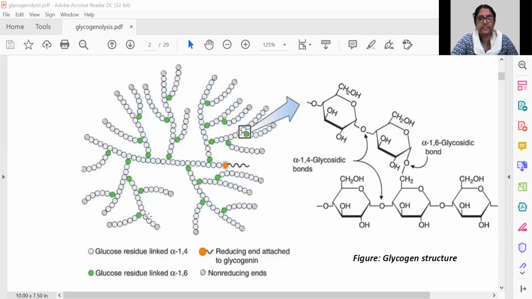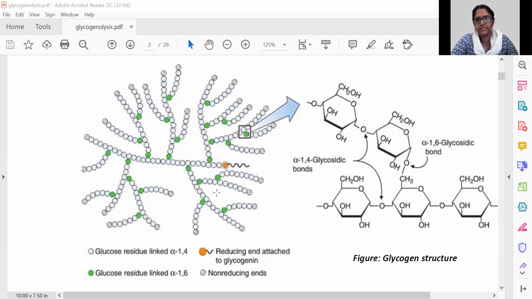Yeah, this is how glycogen looks. These single chains themselves are the alpha 1,4 linkages, and wherever there is a green dot that you can see, that will be the alpha 1,6 linkages.